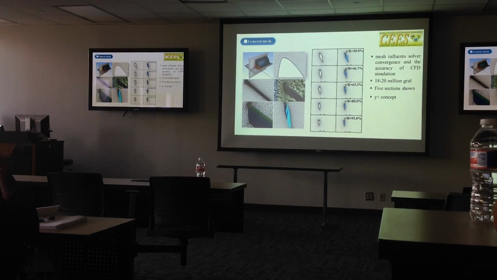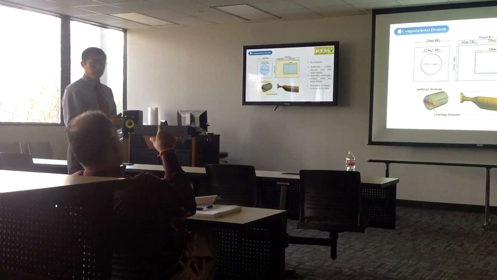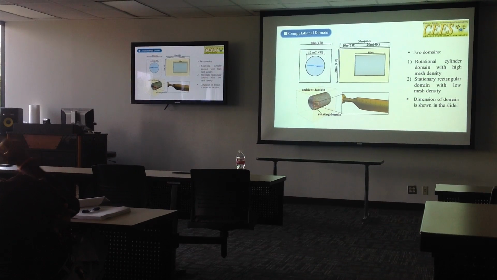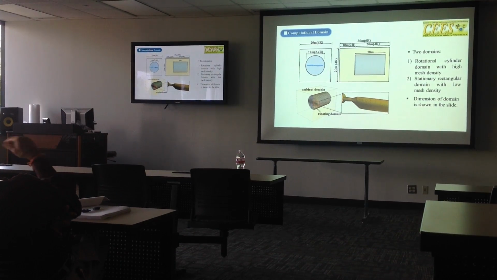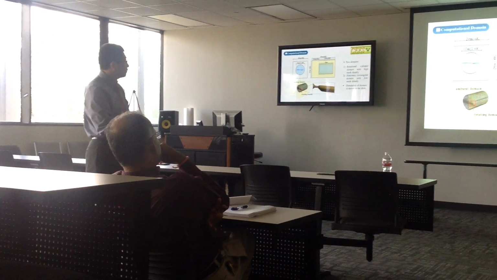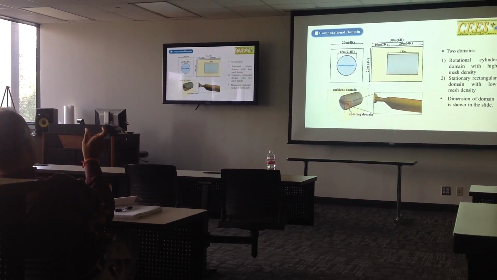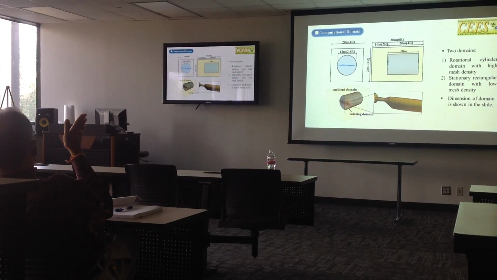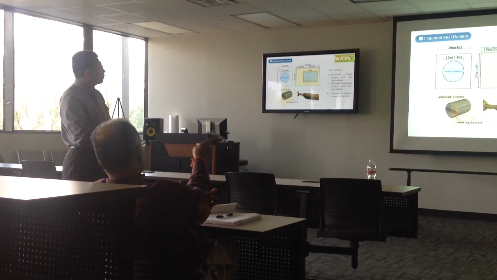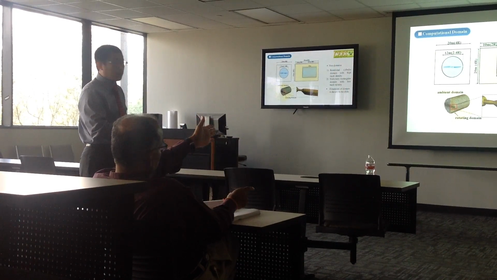Can you go back to the last slide? The 20 meters is 4 times the radius, or 4 times the span of your wind blade, correct? Yeah. Now, in one case you're showing 2 things. One is with 4R, the other one is with 6R. The 4R is from the blade to the downstream side, correct? What is the difference between those 2 diagrams? This one and the next one, right?